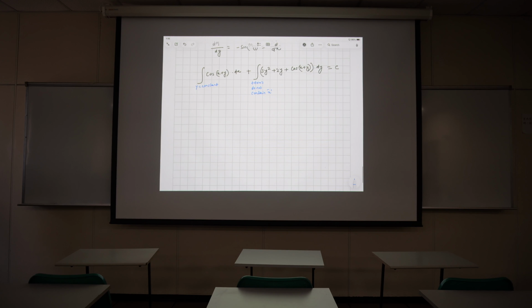So we'll try to solve this one. How should we proceed? What is the first one? Integration of cosine(x plus y) will be, y is a constant here, right?